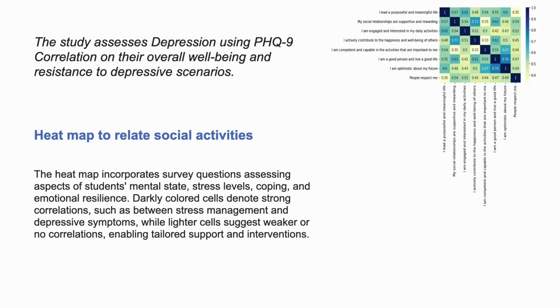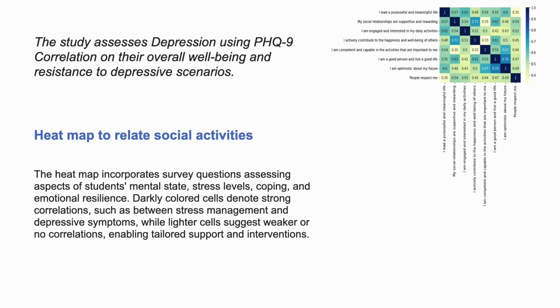The first analysis will be the study that assesses depression using PHQ-9 correlation on their overall well-being and resistance to depressive scenarios. We have used a heat map. The heat map incorporates survey questions assessing aspects of students' mental state, stress levels, coping, and emotional resilience.